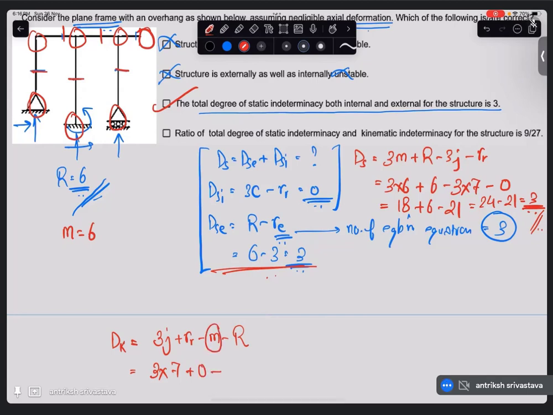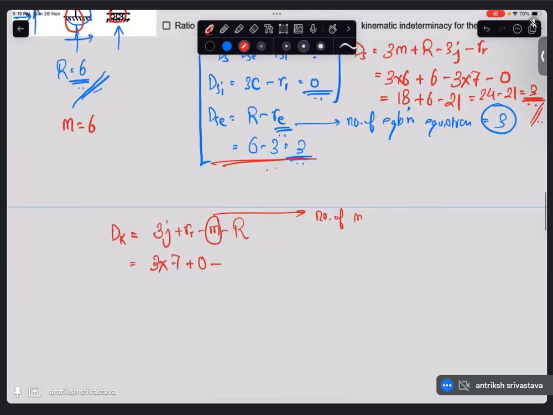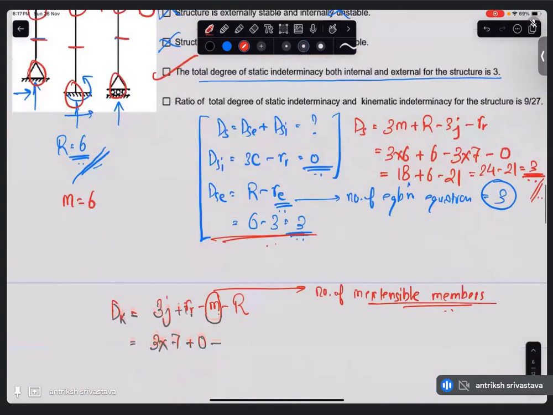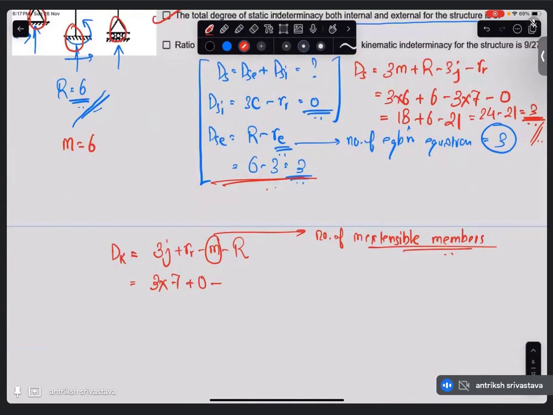What is M? Remember, the number of inextensible members. Since it is not specified which member is inextensible, but it is said that we have to ignore the axial deformation, we are going to assume all the members are inextensible.